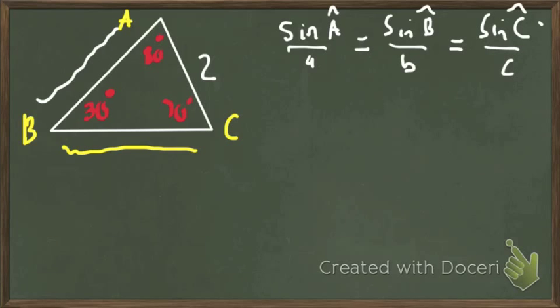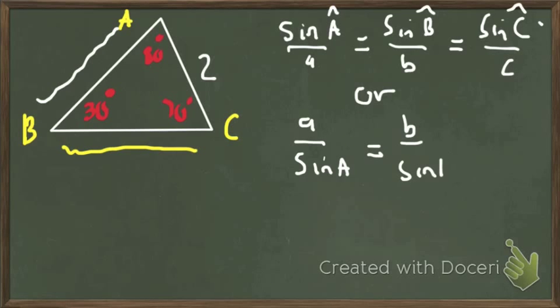The one form is to write it with the sine of the angle on top. Now, if that is generally true, you could also write it as the reciprocal of that, where the sides are on top. And that would still be true.